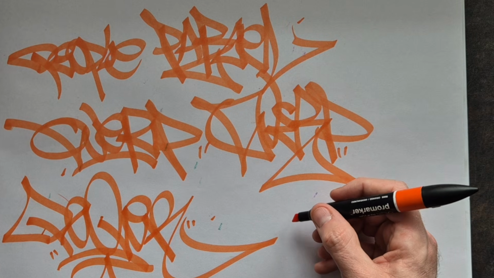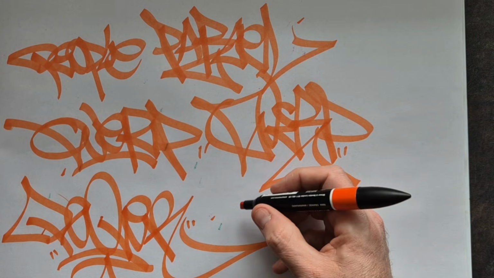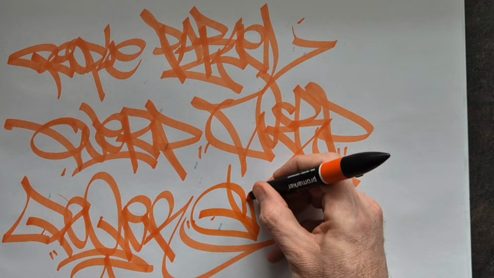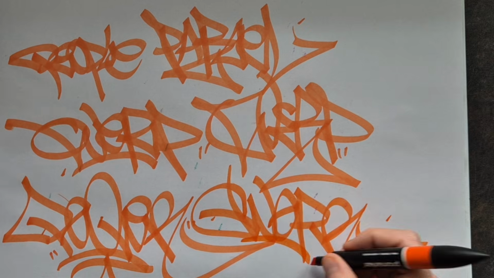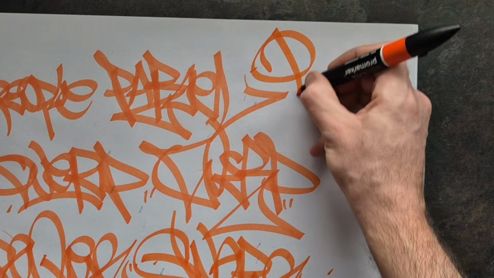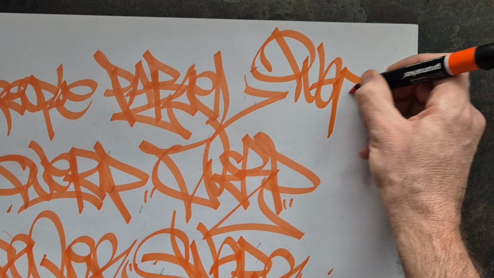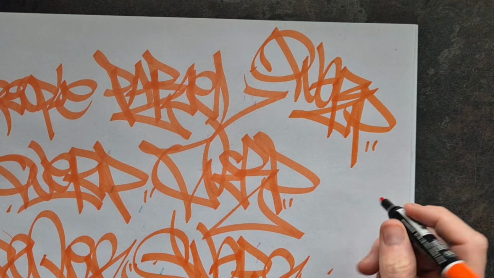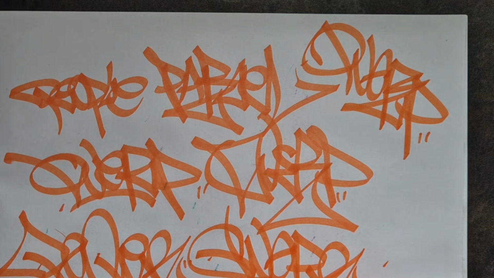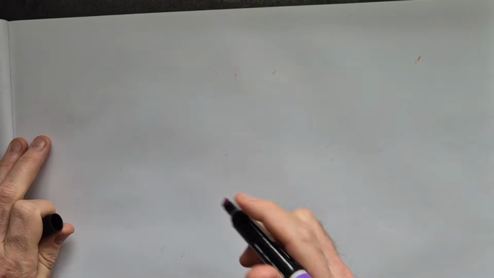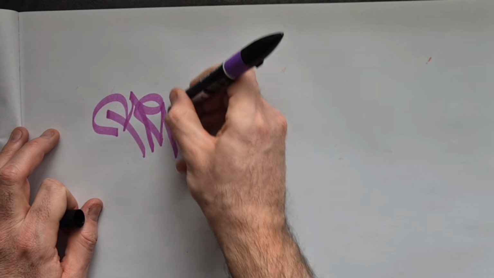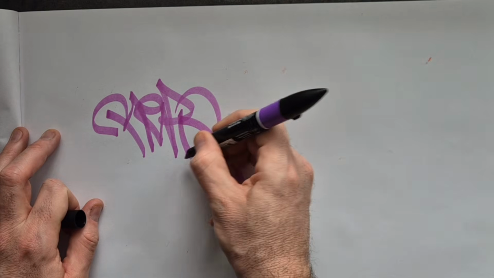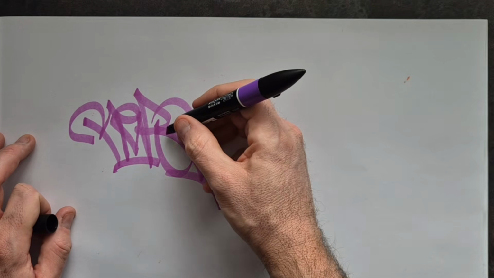Let's try and do a Q at the end. We've had an R at the end. These don't actually say anything, I'm just putting the letters together. Trying one with a Q at the end. Looks a bit like an O, doesn't it?